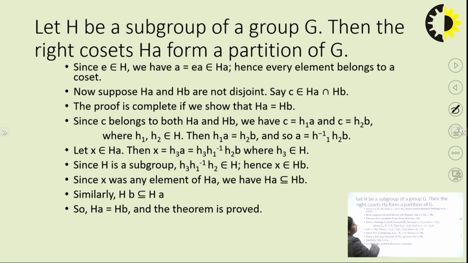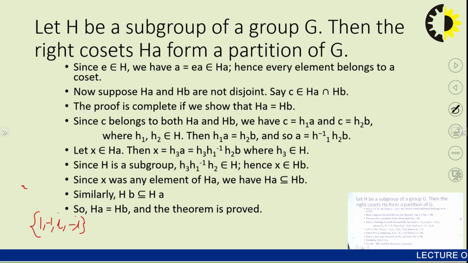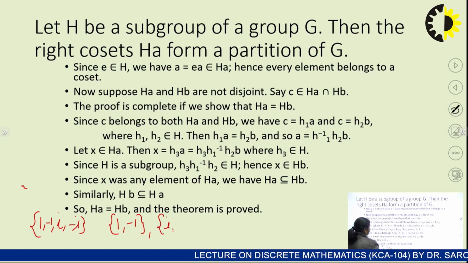Let H be a subgroup of group G, then the right cosets HA form a partition of G. We have just seen on the last slide that when I calculated the right cosets for the fourth roots of unity, 1, minus 1, iota, minus iota, I got the right cosets 1, minus 1 and iota, minus iota.